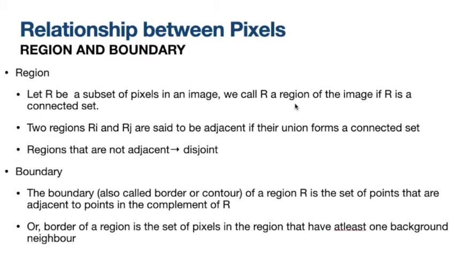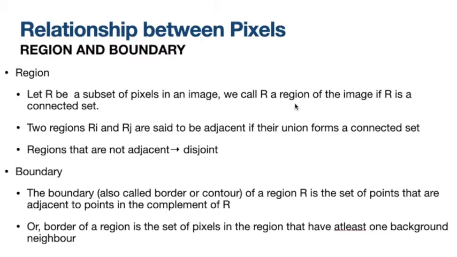Okay, so R is a subset of pixels in an image, then this R is called a region if R is a connected set of pixels. And if there are two regions Ri and Rj, they are said to be adjacent if their union is a connected set as well. Okay, and if they are not adjacent, then they are disjoint regions.